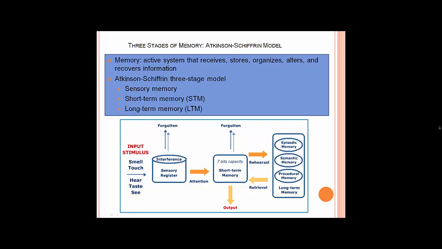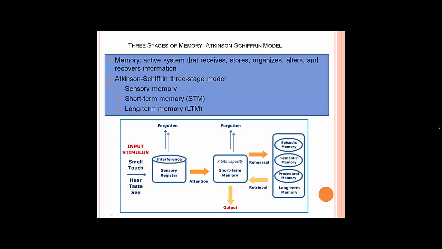What is memory? It's active. It's not passive. It's active, and it receives, stores, organizes, alters, and recovers information. Your memory does all of that. It doesn't just store. It receives, it organizes, it changes, it alters. You didn't know that?